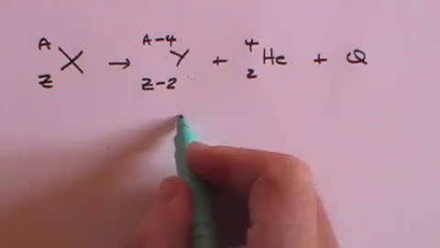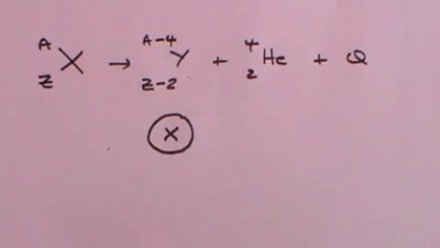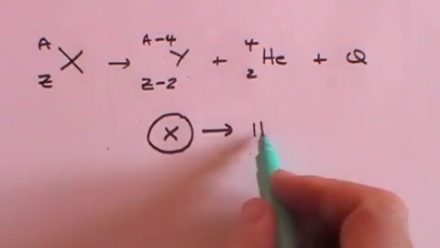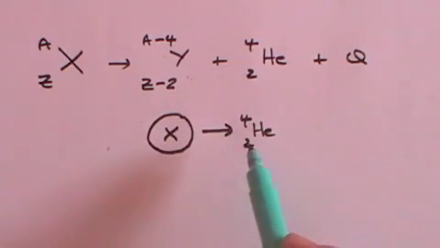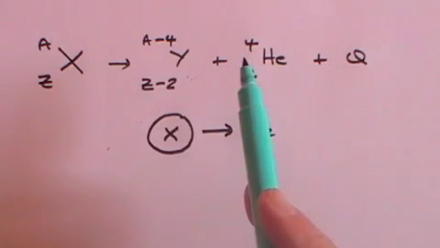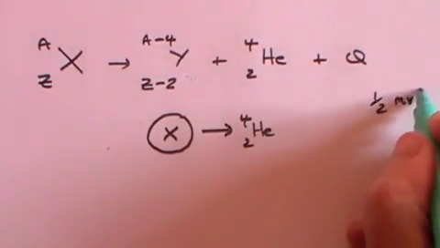So if we think about X being classically a stationary nucleus, if you like, and then it decays, it gives off an alpha particle here, which will have kinetic energy, because that Q is going to be shared between the two. So it's got kinetic energy, which means it's moving. Kinetic energy, remember, is half mv squared.